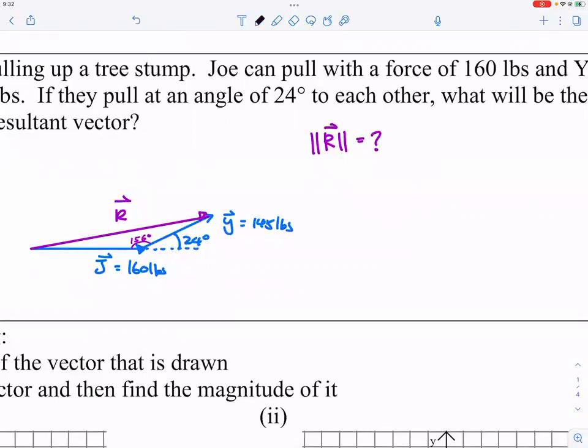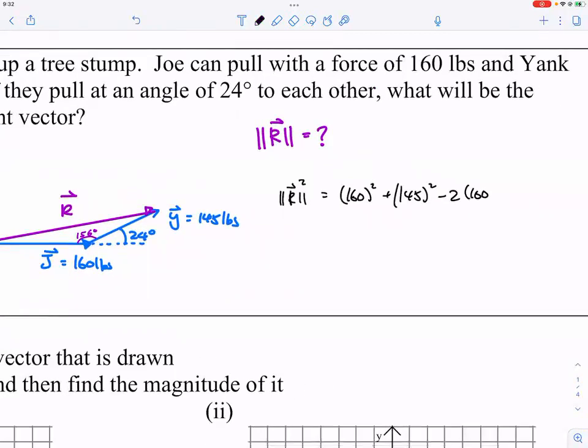So it would be R squared is equal to 160 squared plus 145 squared, and then minus 2 times 160 times 145 times cosine of 156.